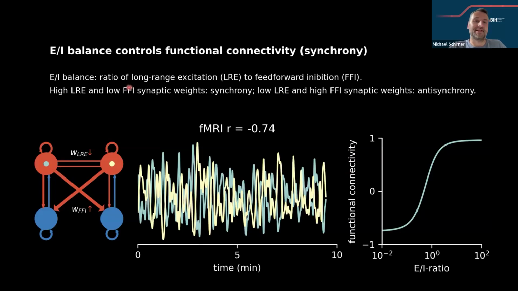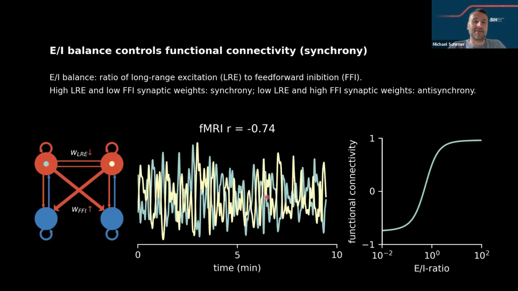Here we see again our simplified brain network model, and we start, as you can see, with a very low excitation inhibition balance. So there's a lot of feed-forward inhibition and not much long-range excitation. A lot of inhibition here. And here we see the time series of these two excitatory populations.